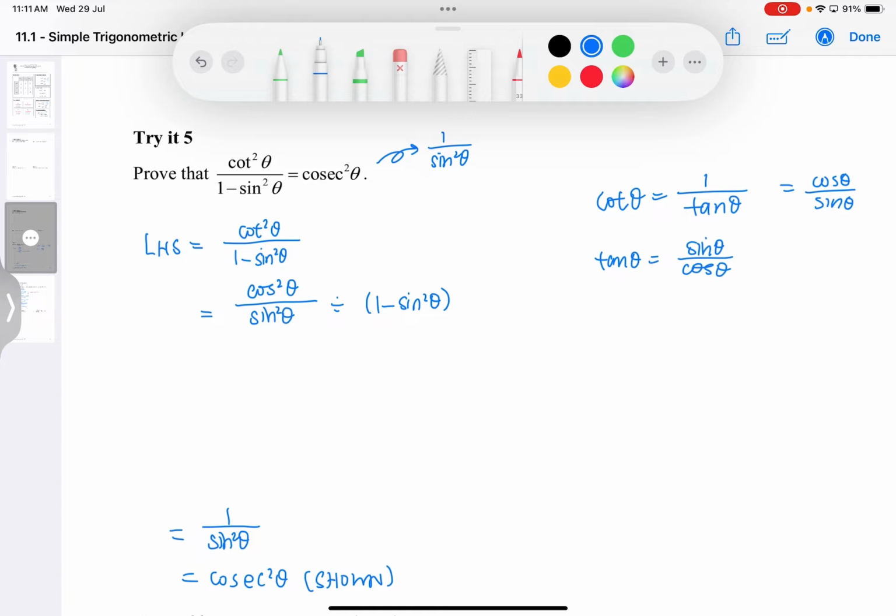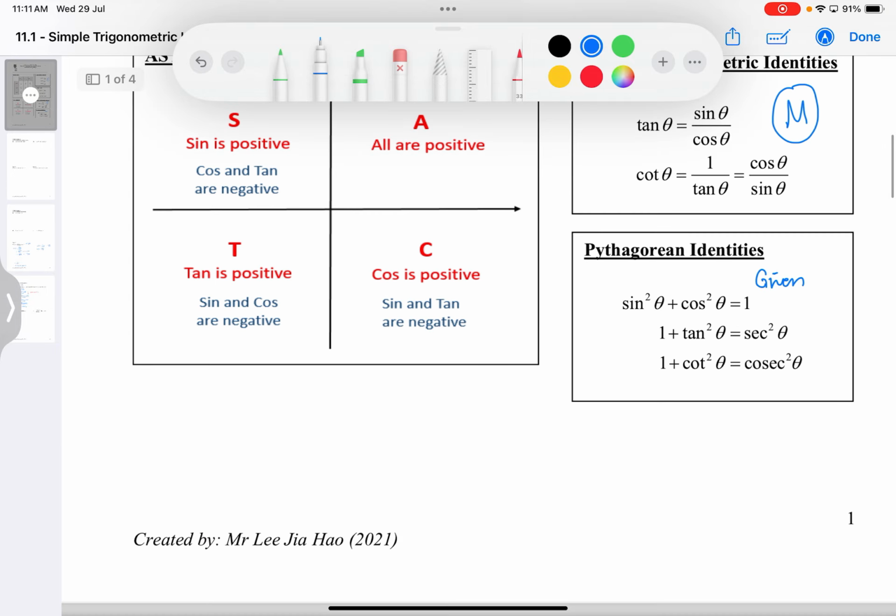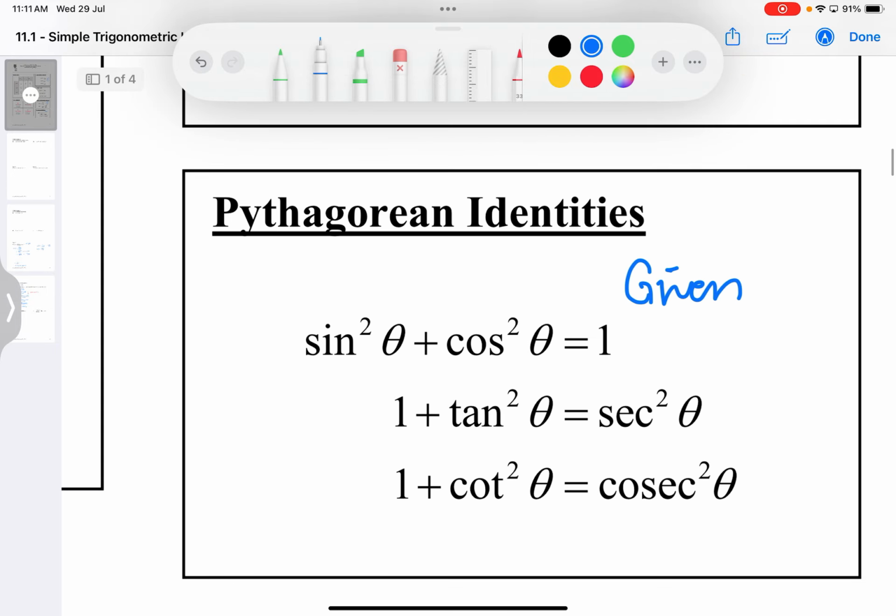Divide will be keep, change, flip. Then what other formulas can I use here? Any formulas that I have not tapped on? The first one: 1 minus sine square is equal to cosine square.